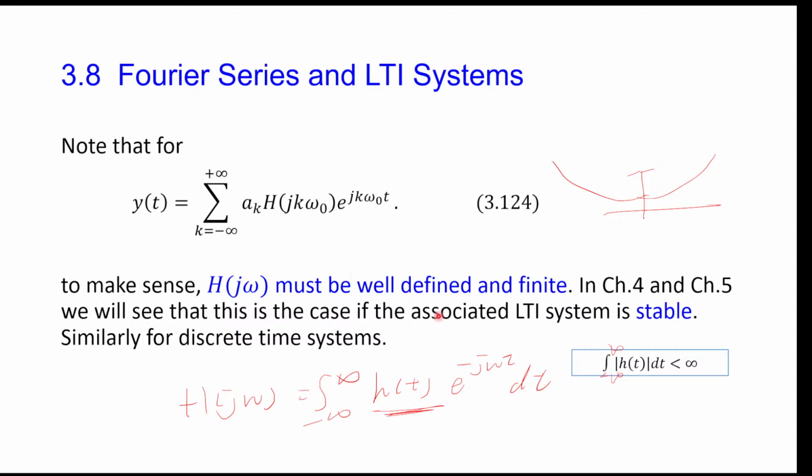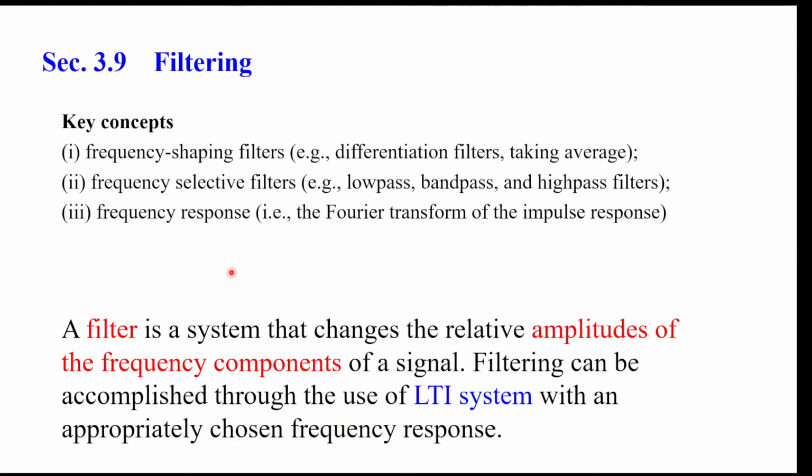And now we can think of this as a way to design our system, because what our LTI system does is just change this big H of j omega. We can design the big H of j omega to do the thing we want, and that's called filtering.